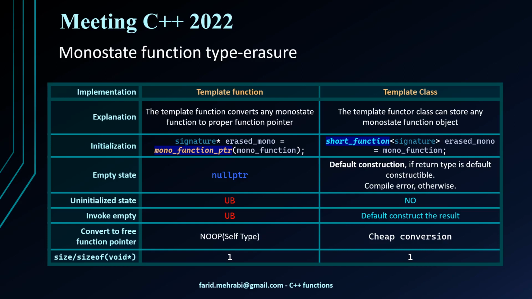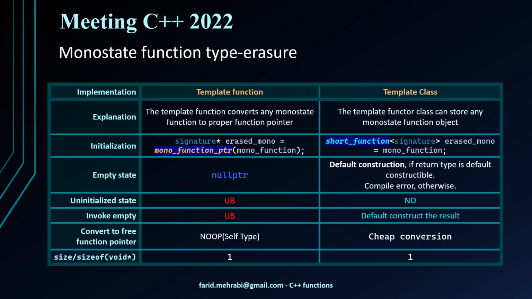But it also has the advantage that it can be defined so that it doesn't generate any sort of UB or exceptions, because as a class, we can prevent it from having a random uninitialized state.